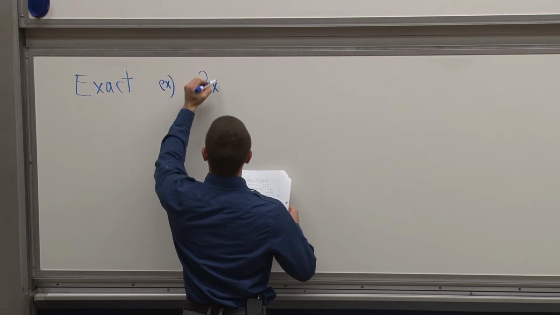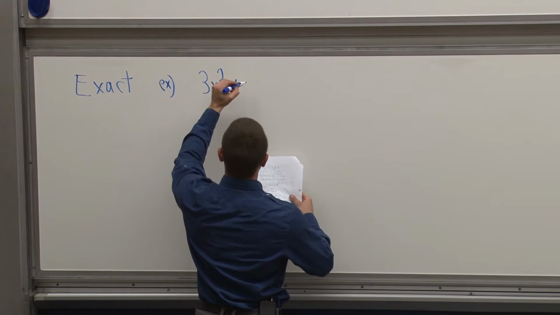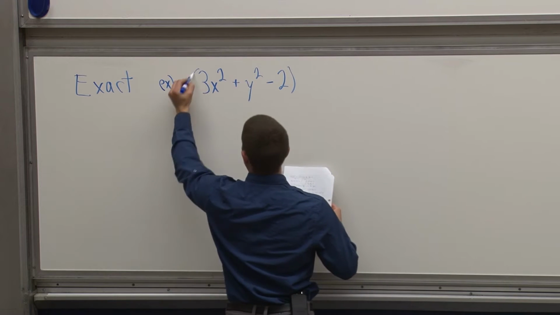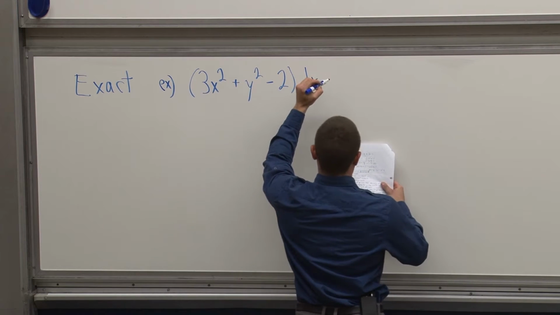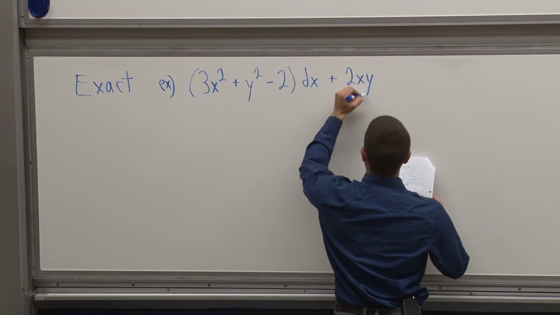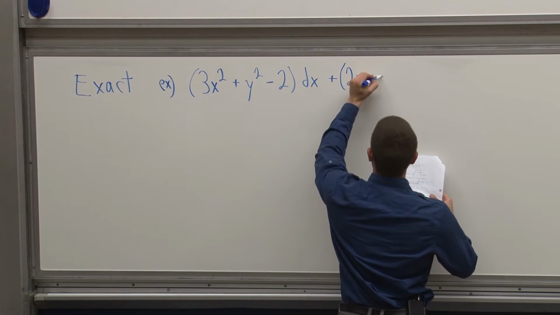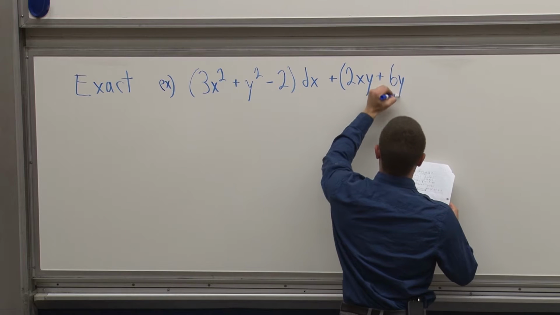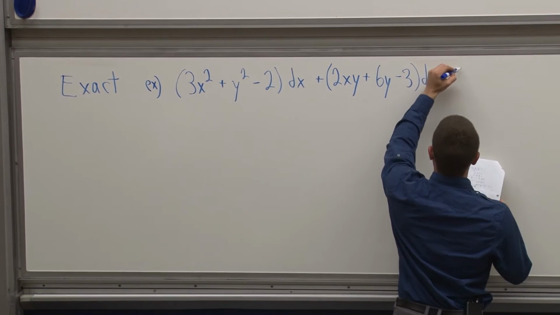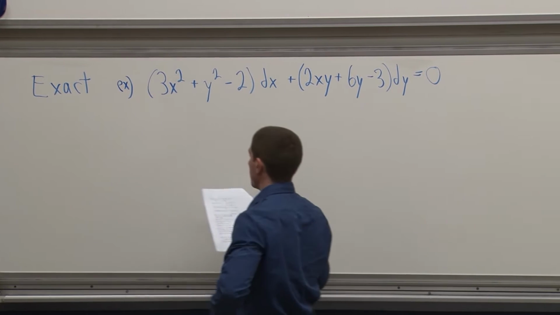So (3x² + y² - 2) dx + (2xy + 6y - 3) dy = 0.